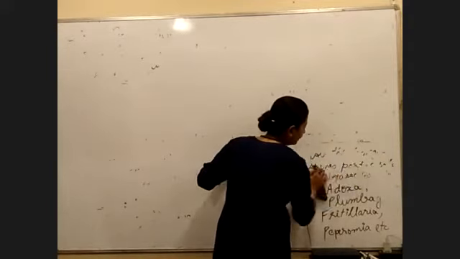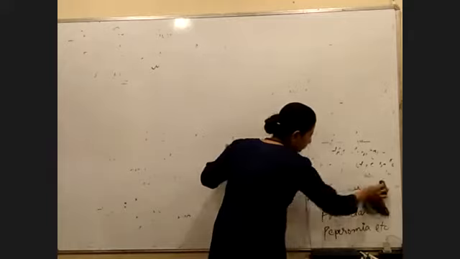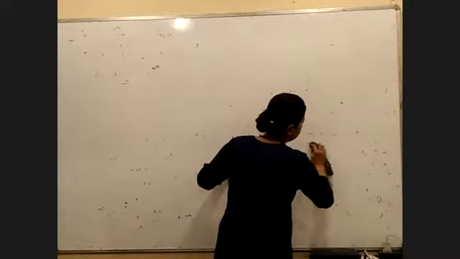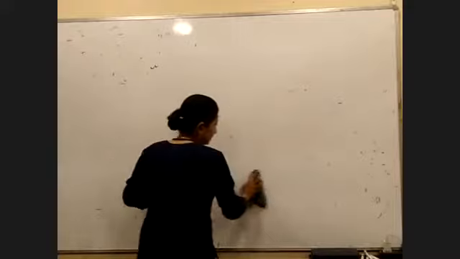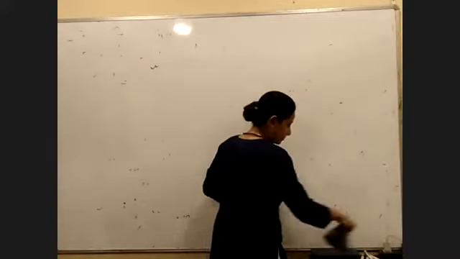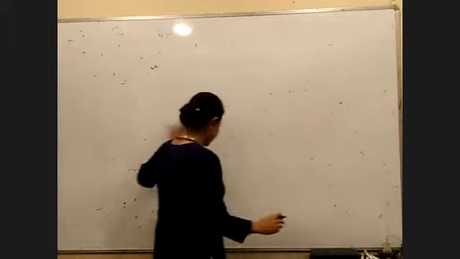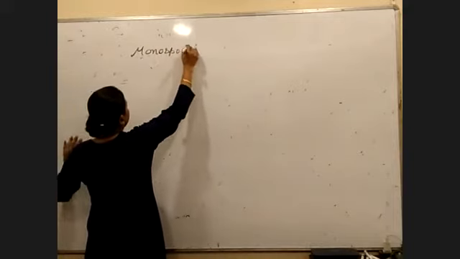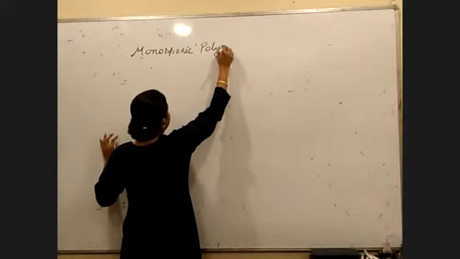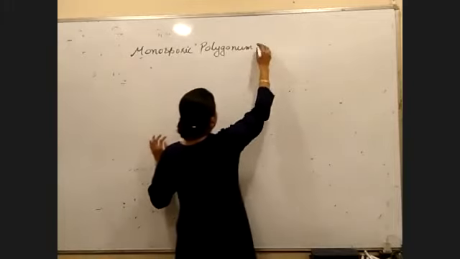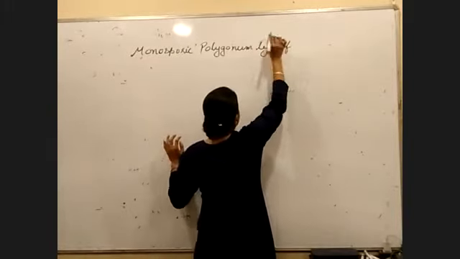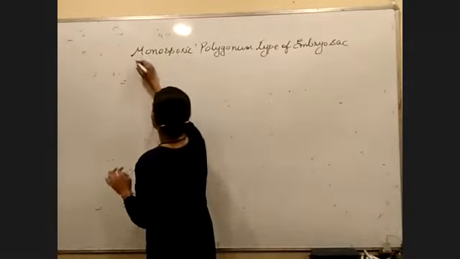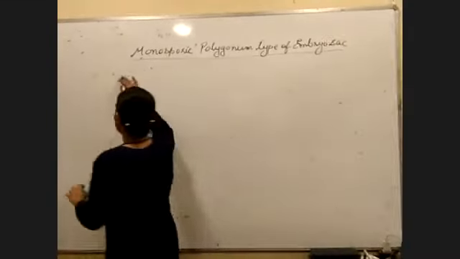Make the heading: monosporic Polygonum type of embryo sac. Right, so which structure are we talking about?